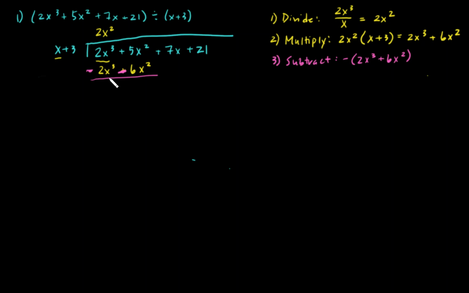And so we end up with a 0. That was our original goal, to get rid of that first term. And then we have a plus 5x squared and a minus 6x squared, so we have a negative x squared.